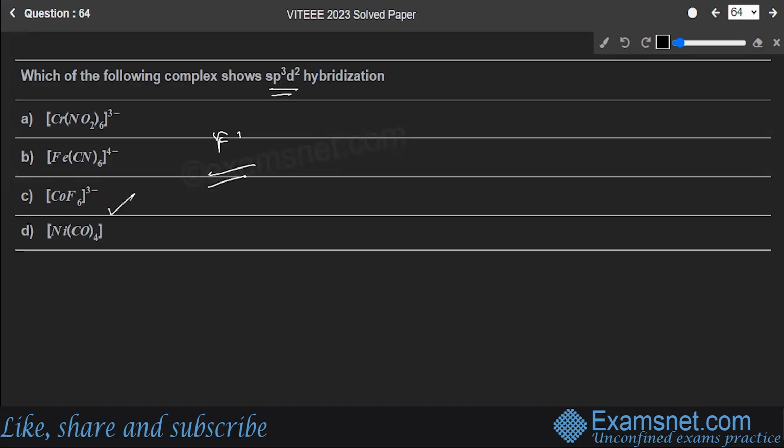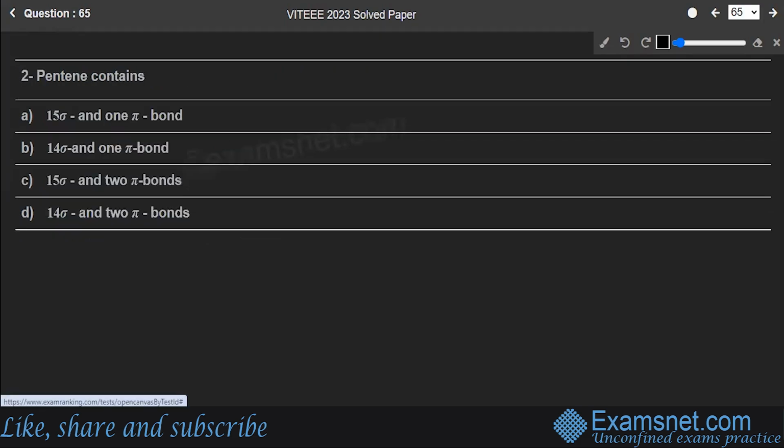So that makes C the right answer. Option C. Next is question number 65. How many sigma and pi bonds does 2-pentene contain? Let's make 2-pentene: C, C, double bond, C, C, C. This is 2-pentene. Let's number the carbon atoms 1, 2, 3, 4, and 5. H, H, H.